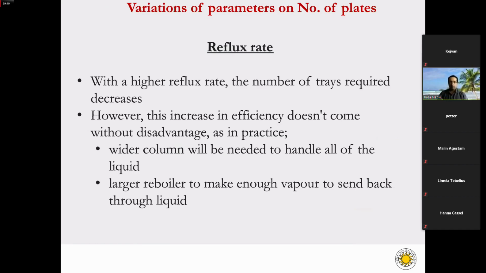So it's very important that you understand, when you are designing a particular distillation column, whether you would like a higher reflux ratio or a lower reflux ratio, or what could be the optimum reflux ratio, right? Normally we design our distillation column in a way that we have certain optimal values for the reflux rate or reflux ratio.